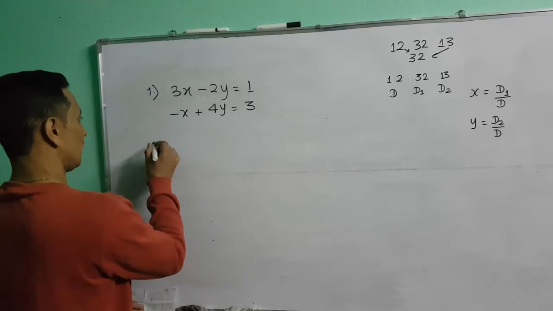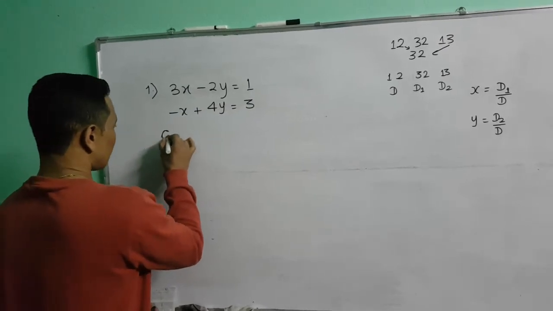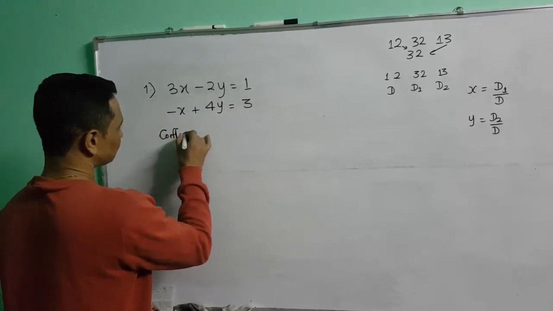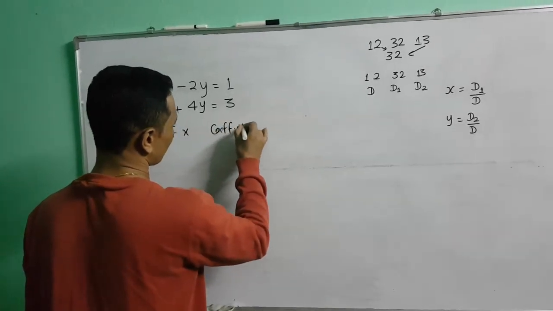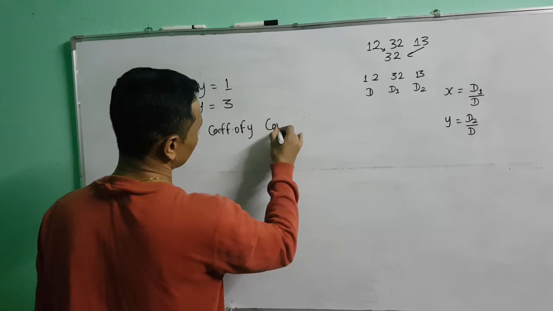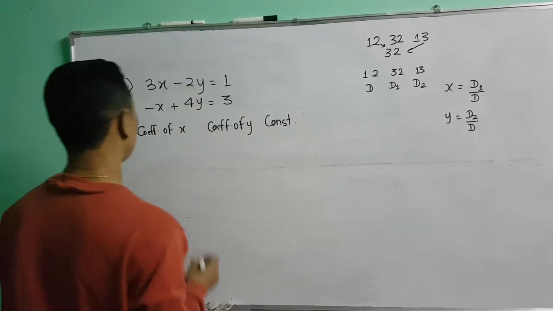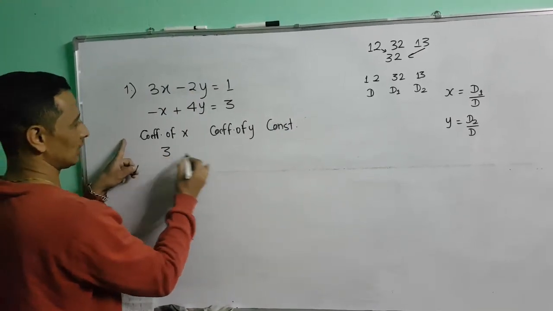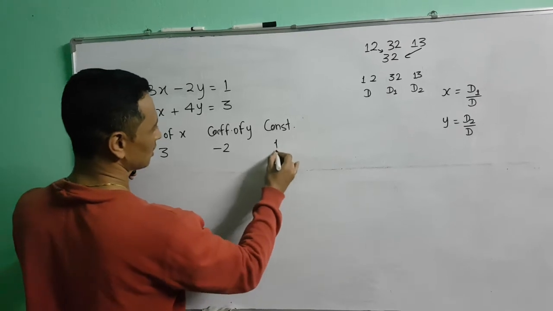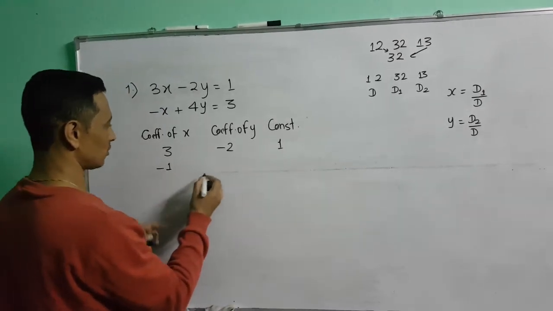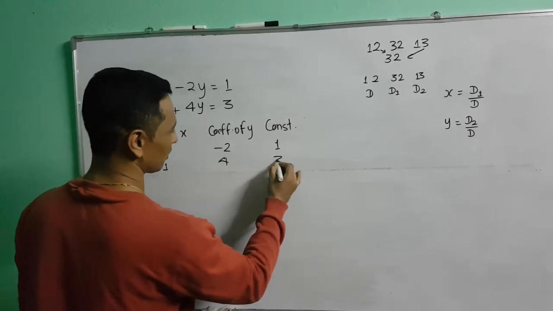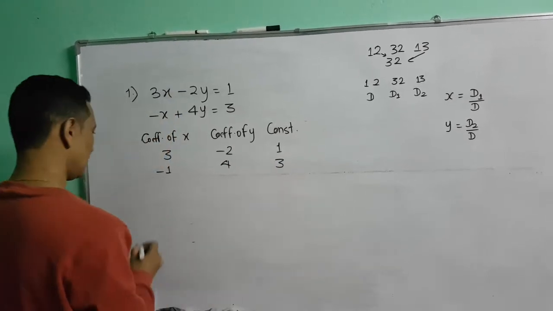Here we write the coefficient of x, coefficient of y, and the constant. Here the coefficient of x is 3, y is minus 2, constant is 1. And in the second, the coefficient of x is minus 1, y is 4, and the constant is 3.